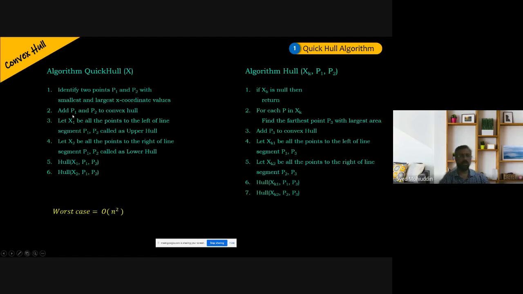Then P1 and P2 are added to the set convex hull, and let X1 be all the points in the upper segment of P1 and P2, because the line P1 P2 divides the points and the upper part is called the upper hull. The same way, all the points below form the lower hull.